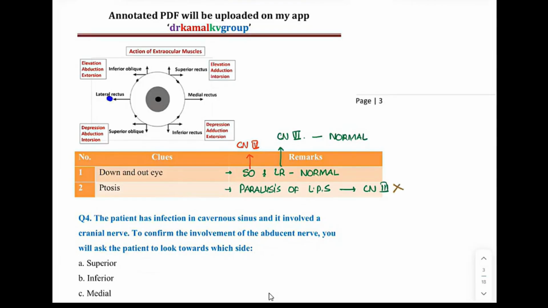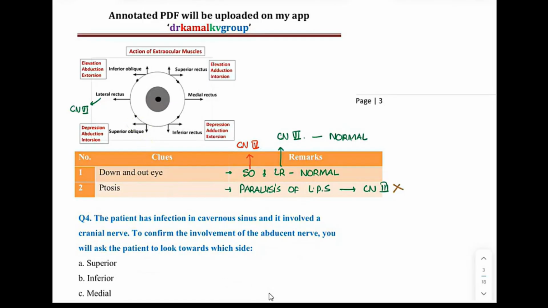So we can see this is the action of lateral rectus, which is taking the eyeball outside or abducted. This is supplied by abducens, and this is the action of superior oblique, taking the eyeball outside and downward. So this is the action of superior oblique.